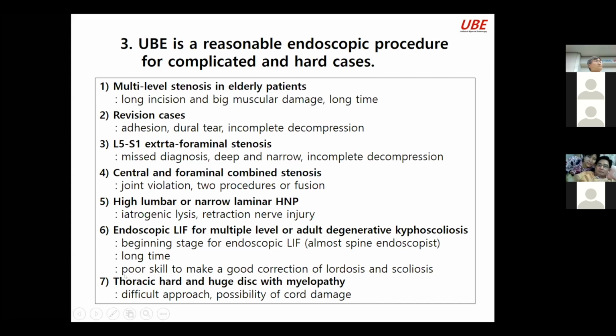Finally, thoracic hard and huge disc with myelopathy. These are all difficult cases even in microsurgery, but UBE can do this. Hard cases are relatively easy.